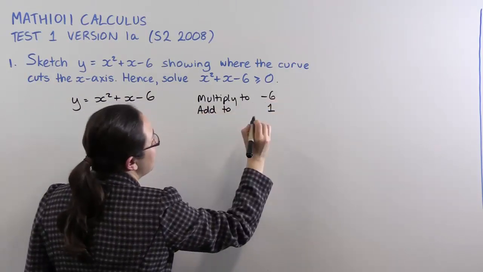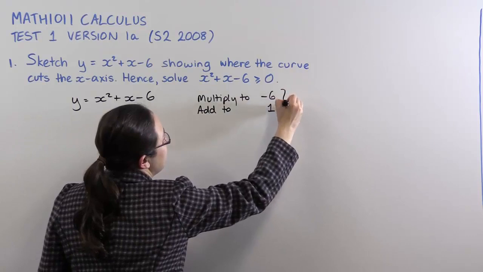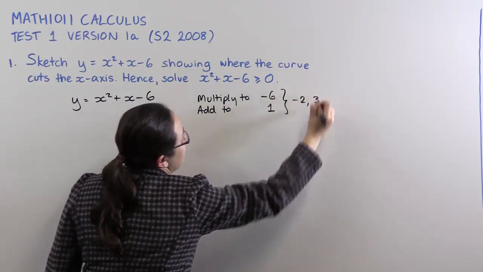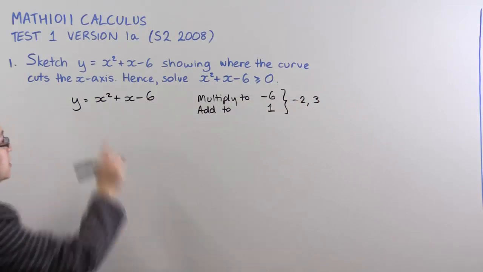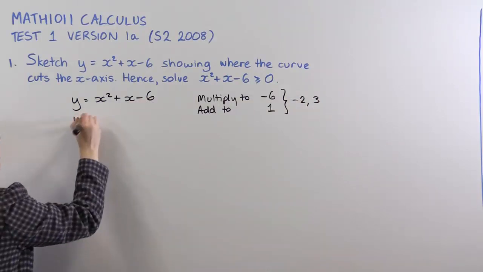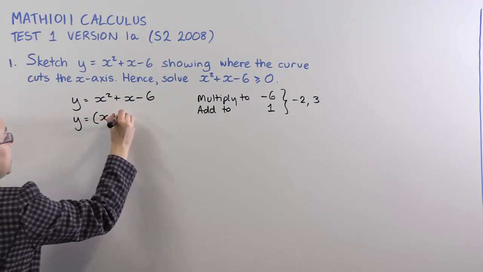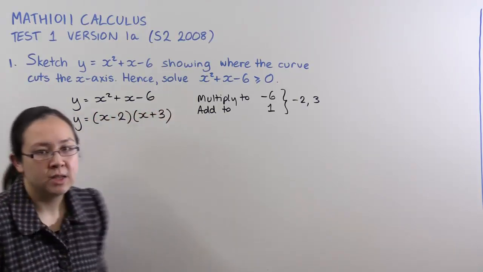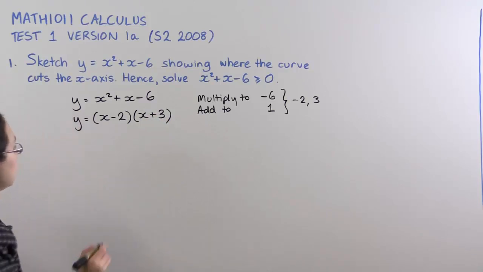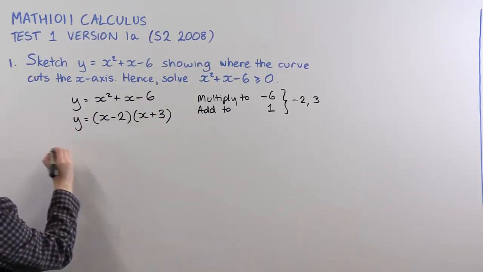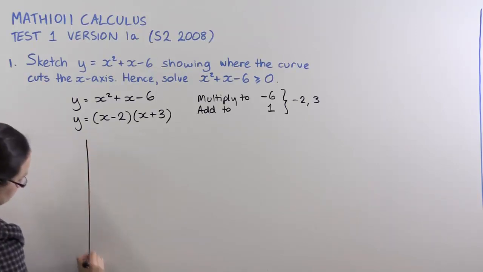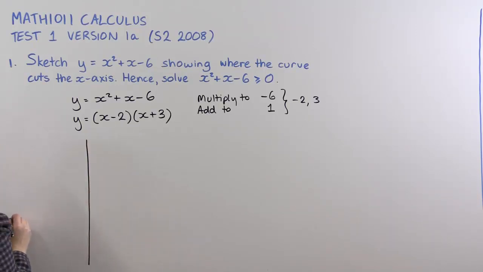So two numbers that multiply to minus 6 and add to plus 1 are minus 2 and plus 3. So this quadratic factorizes to x minus 2, x plus 3. Okay, so this is a parabola. Now, we're going to sketch this. I'll try and draw some straight lines here.